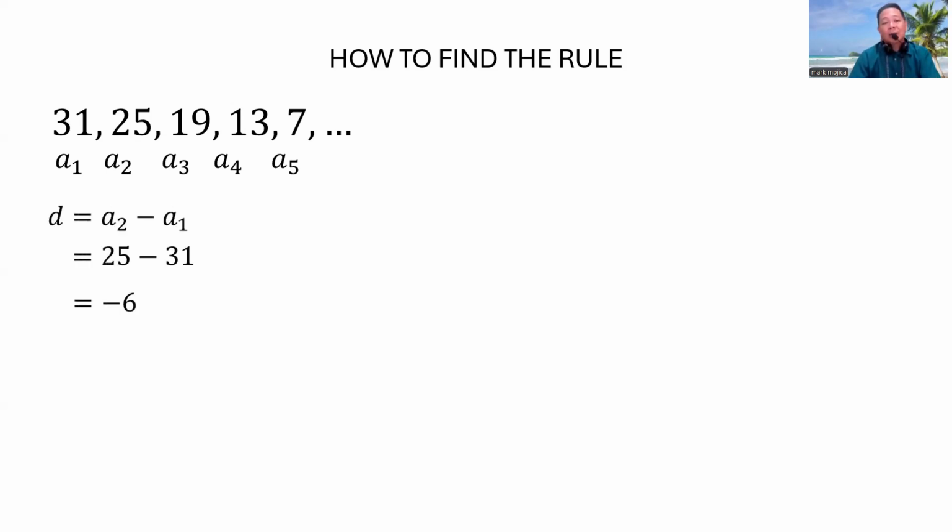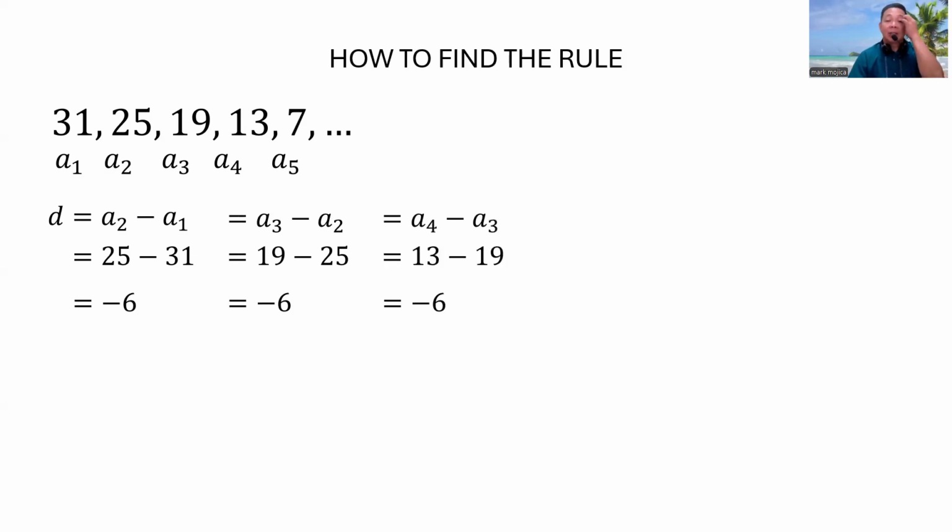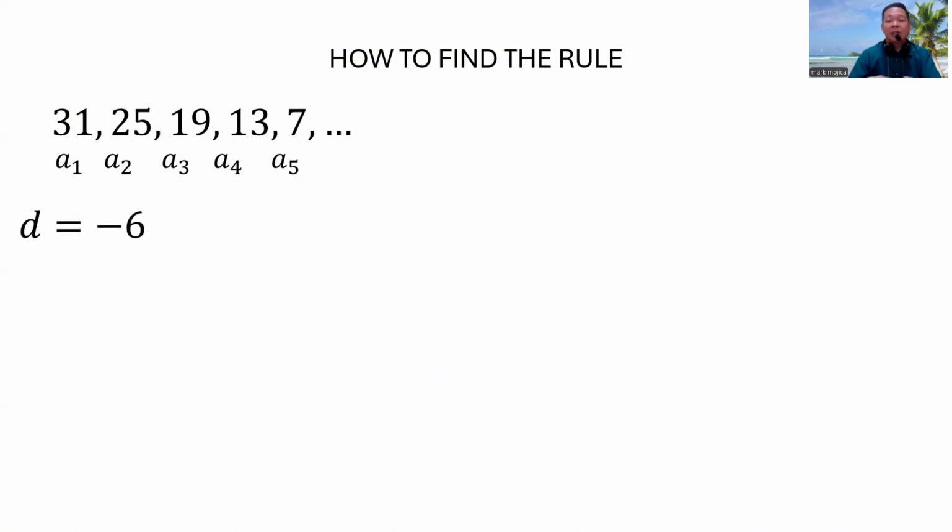Okay? So alam naman natin a sub 2 subtract natin sa a sub 1, that is 25 minus 31, that is negative 6. A sub 3 minus a sub 2 is 19 minus 25 is negative 6. The same with 13 minus 19 is negative 6, and so on and so forth. So since ito ay pare-pareho sila negative 6, meaning the common difference na meron sila is negative 6.